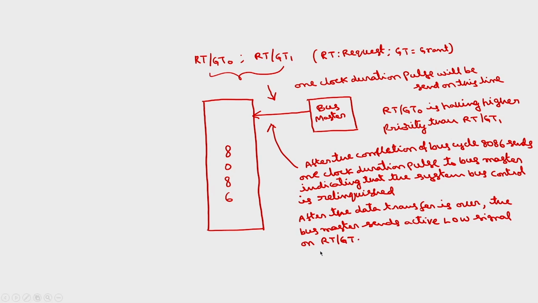This can be RQ/GT0 or RQ/GT1. After that, the 8086 regains the control of the system bus.